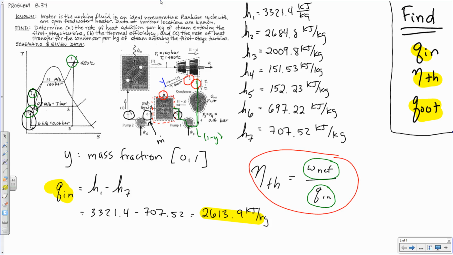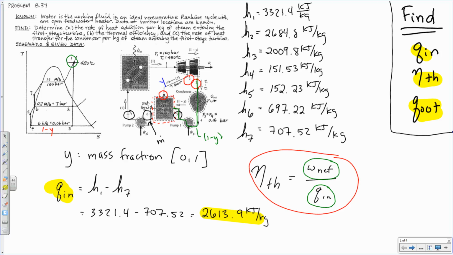So actually going back here, we recognize, whether we use the diagram or the TS diagram, I want to erase some of this so that it doesn't get too sloppy, but we recognize that 1 minus y, that mass fraction, actually passes from 3 to 4, right? When we look at our diagram that we've drawn to the right, that green arrow that squiggles its way through the condenser and through pump 1, the mass fraction, 1 minus y times m dot, represents the total amount of mass flow rate through our condenser.